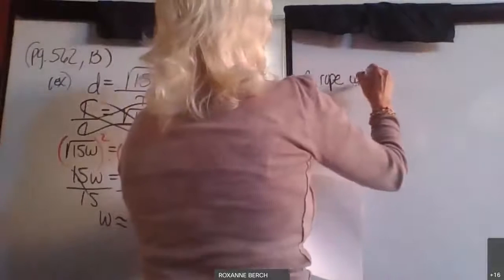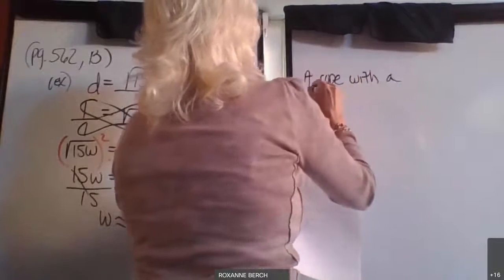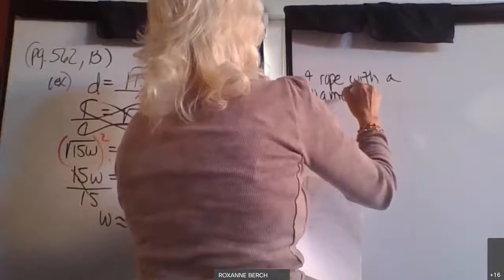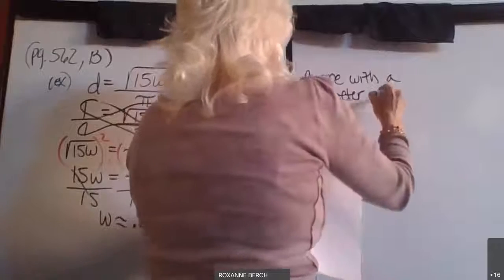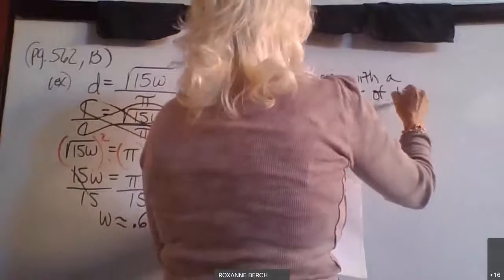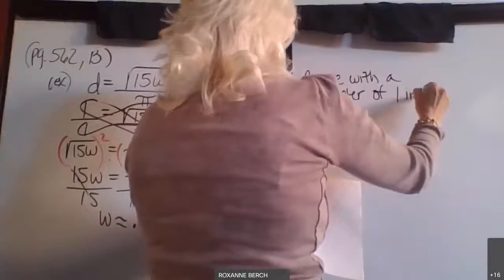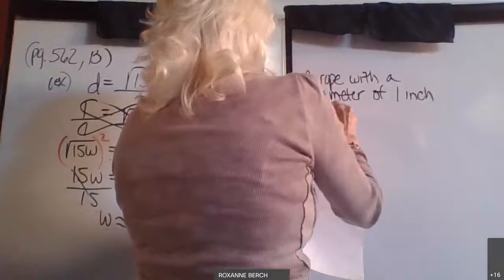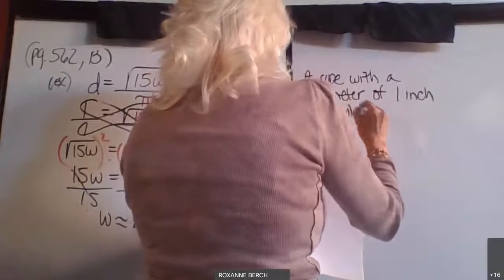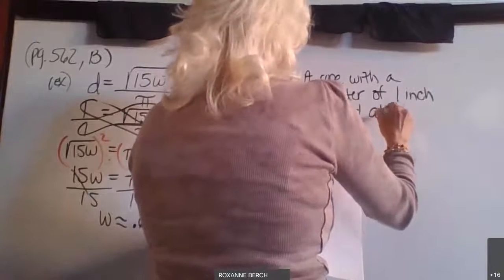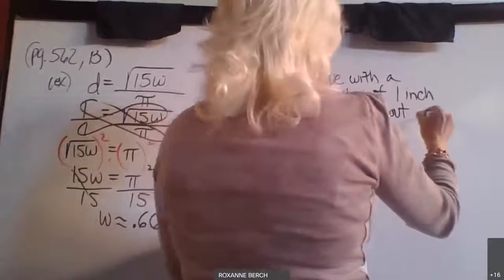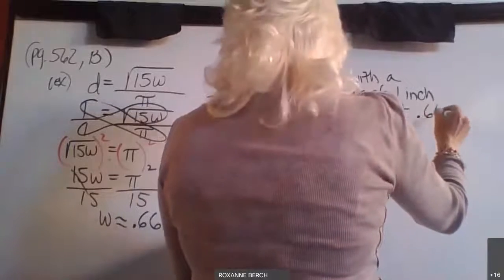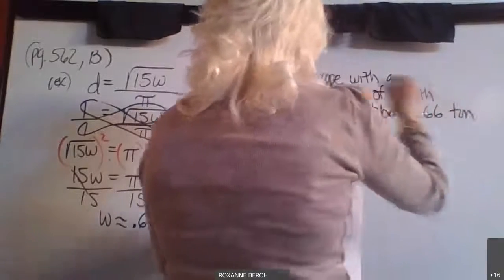So a rope with a diameter of 1 inch can hold about 0.66 tons.